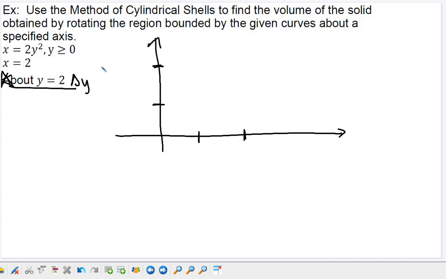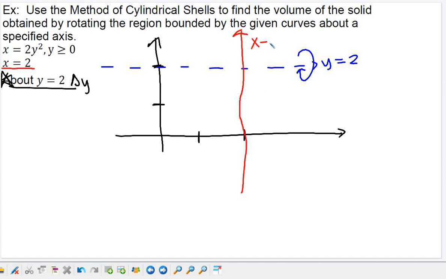So this is my axis of rotation. X equals 2. Oh, that was terrible. I'm so sorry. And then my function. It says y greater than 0, so that means it's bound here. So it has to be in the first quadrant.